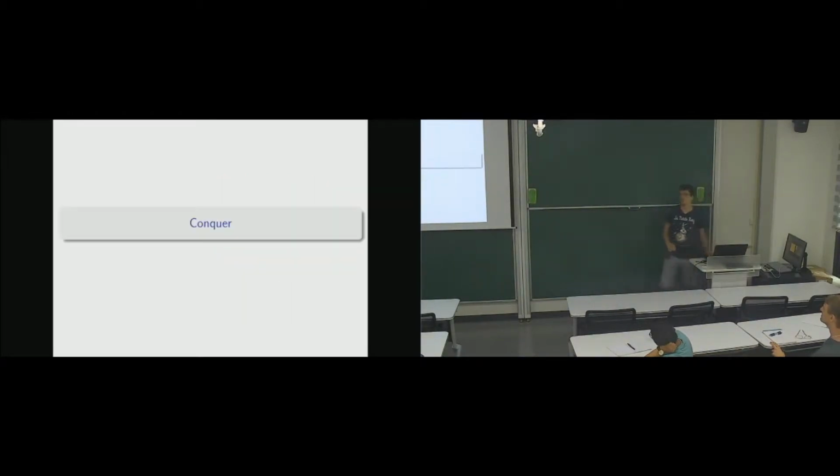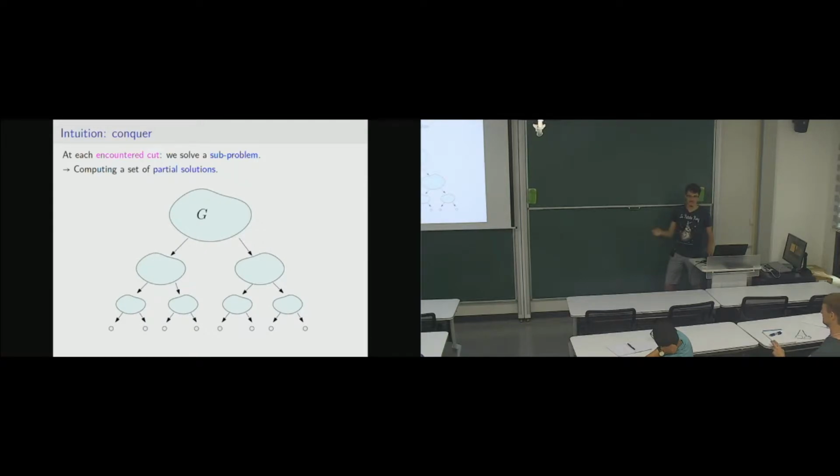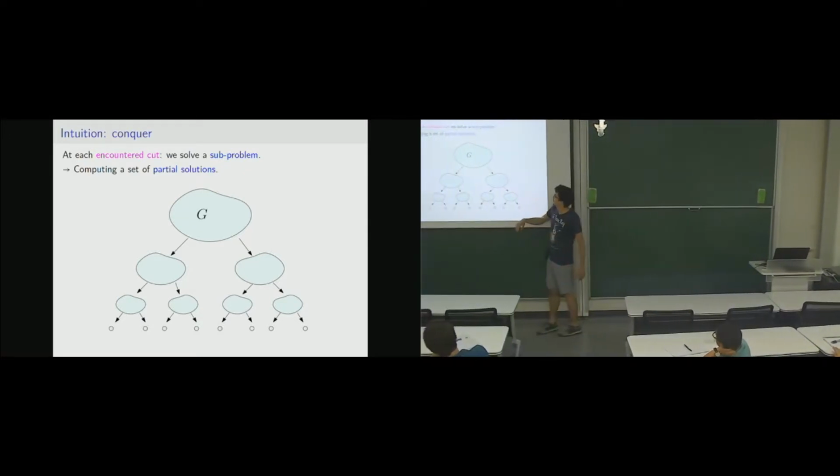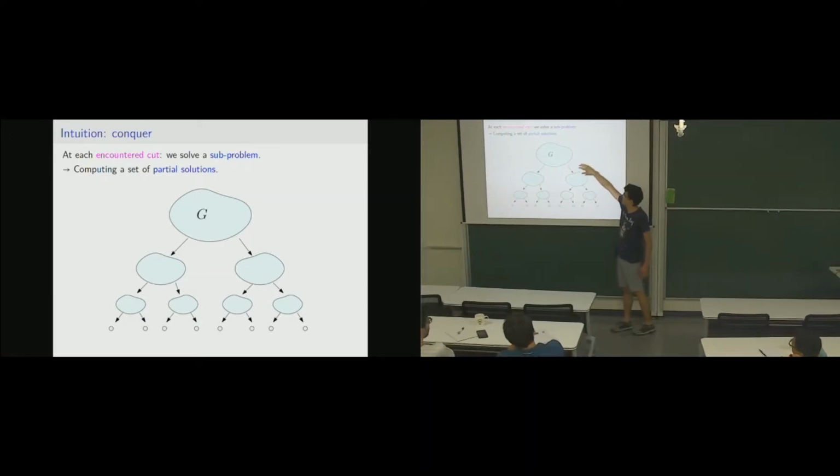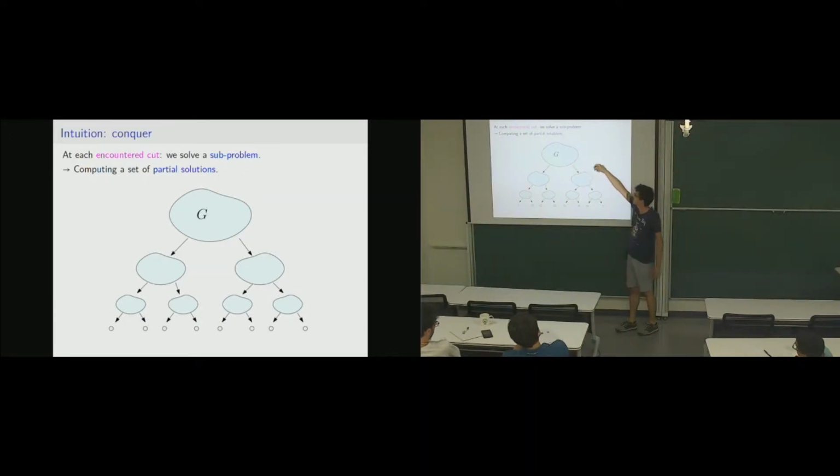And if you want a more efficient algorithm, you need to get your hands dirty and you need to know how to compute. So this is the second part. You divide your graph, now you have the decomposition and you want to solve a problem efficiently. The idea is always the same for all the width measures. You solve a subproblem each time, which is to compute a set of partial solutions.